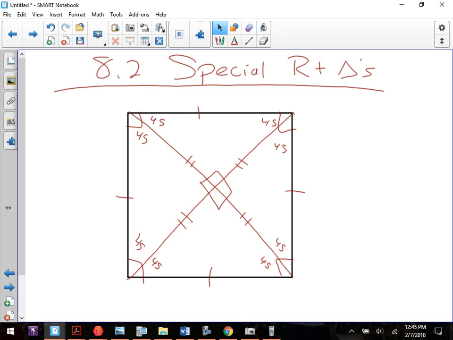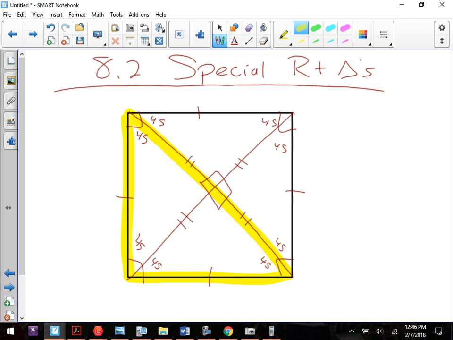Now, as you get into this, what I want you to start to notice is that you actually have multiple isosceles right triangles. If you look at the larger one, everybody see how that's an isosceles right triangle?